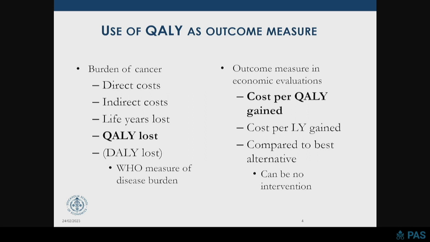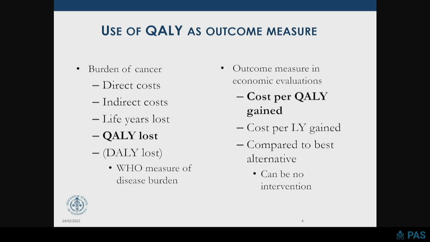If we are looking at quality as an outcome measure, it has the advantage that it can be used both for epidemiological research as a description of the situation. For example, we can describe the burden of cancer. We can look at the direct cost, the indirect cost, the life years lost, the quality loss, how many quality-adjusted life years we have lost.